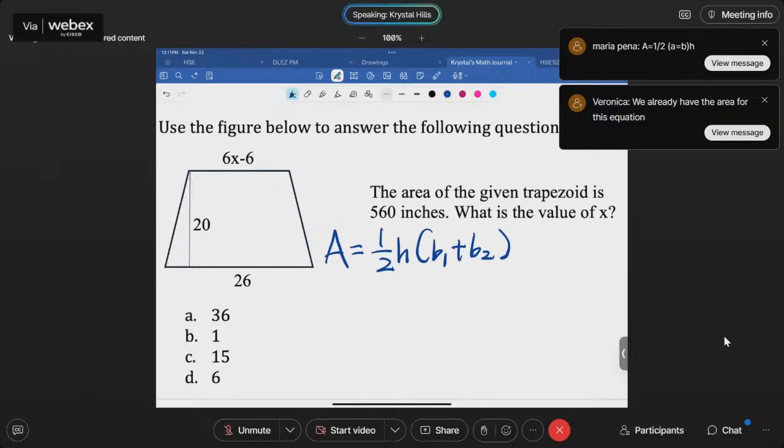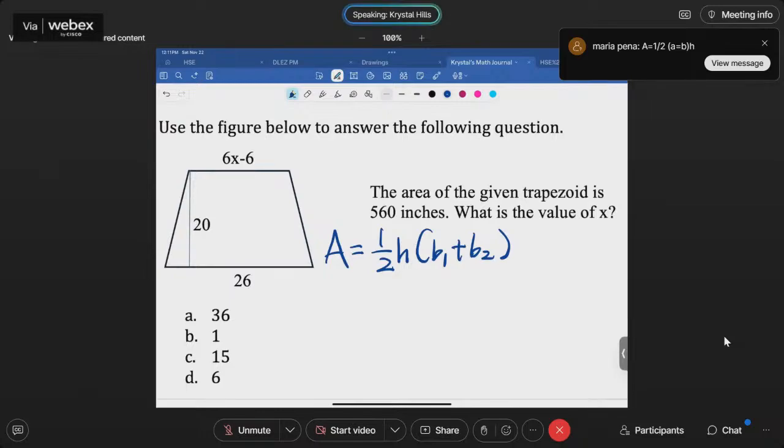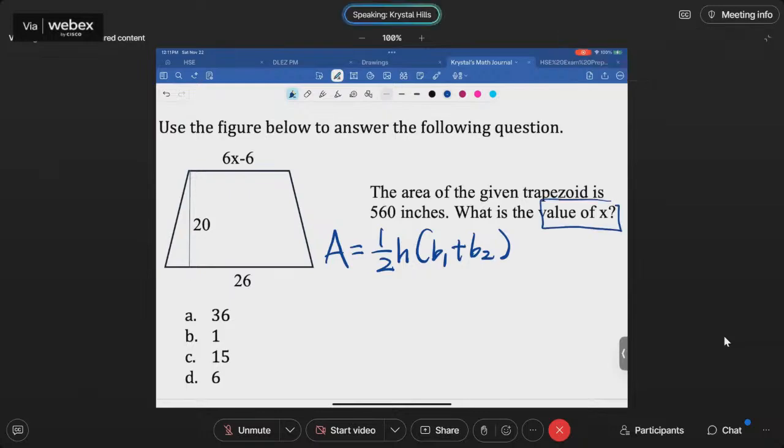So yes, you already have the equation for the area. They want to know the value of x, but in order for us to find the value of x, we have to know the formula to find the area so that we can work backwards, because our x is in one of our bases. So we got to figure out how much that base is.